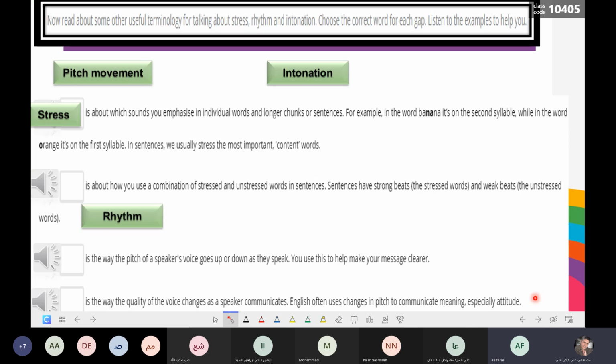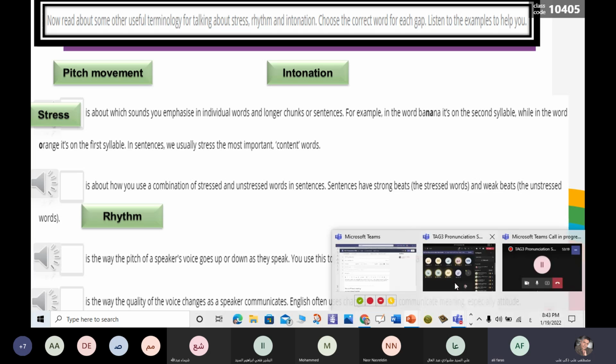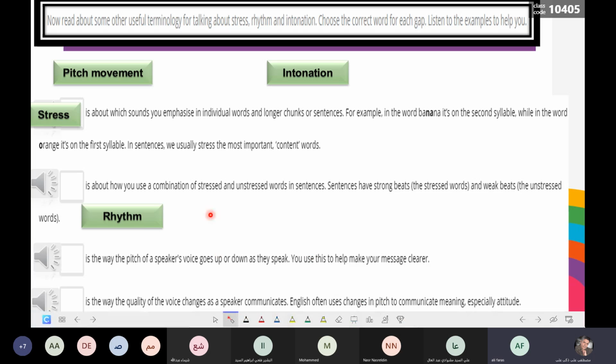Now we have two more definitions here. We can say that rhythm is related to the stress concerning the whole sentence, while stress is about stress in the individual word.